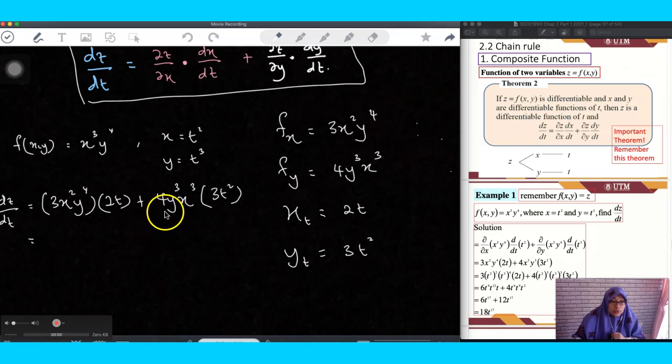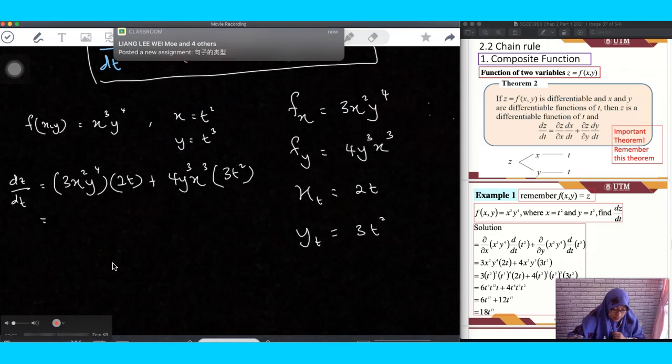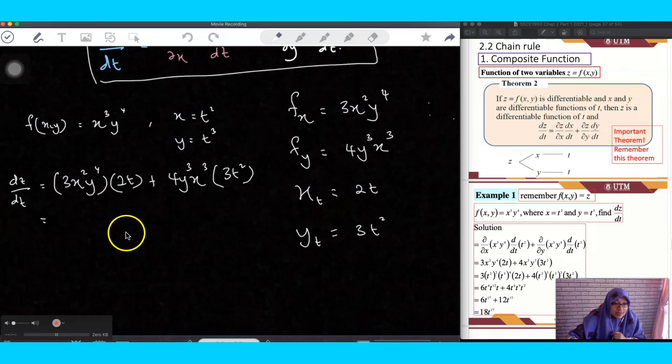So you might wonder, do we need to simplify? If we need to simplify, what is the variable that we should provide? Normally we ask you to simplify, and sometimes the instruction doesn't mention simplifying.